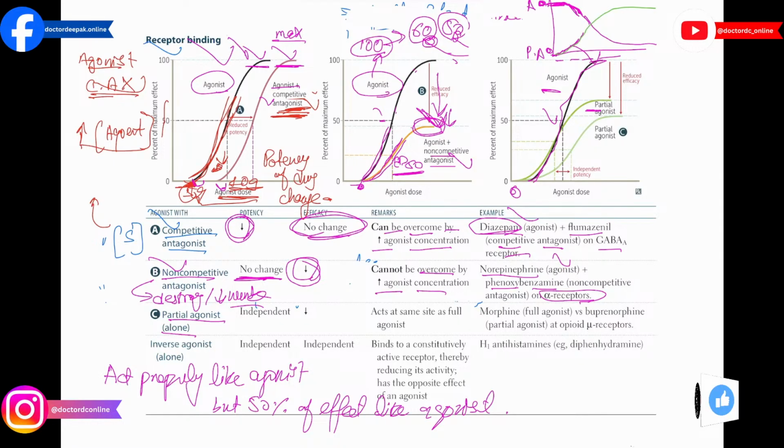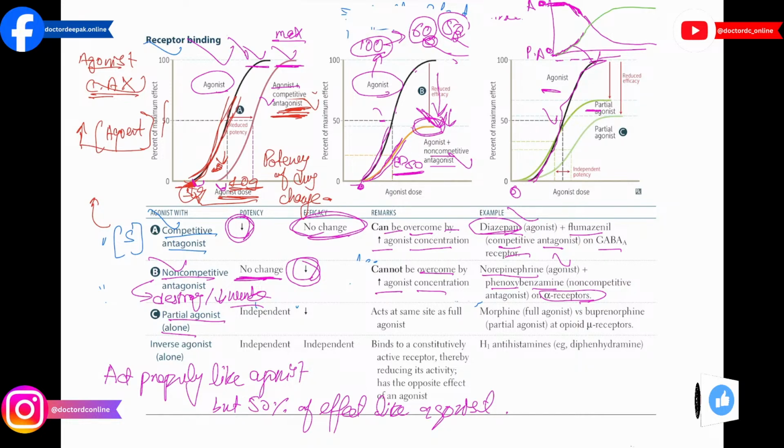At this point, the agonist was high and the effect was also high. But as we increase the concentration of partial agonist, the desired effect will be decreasing.